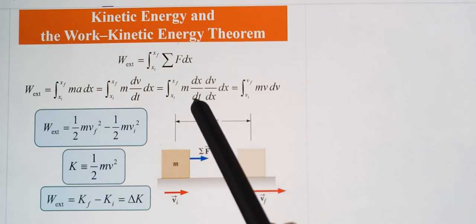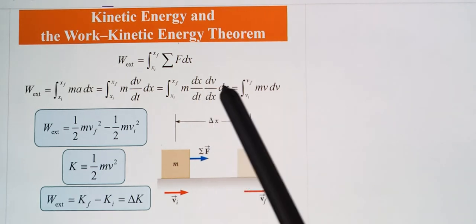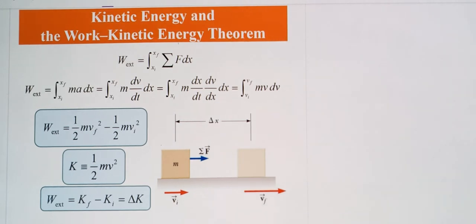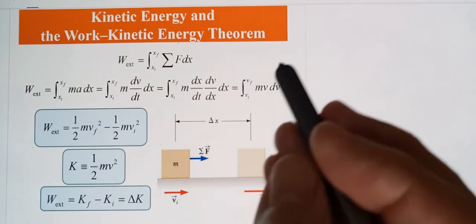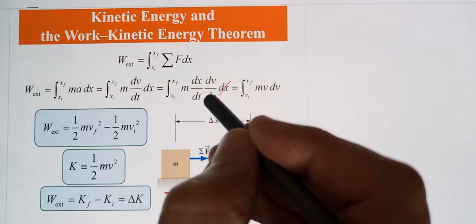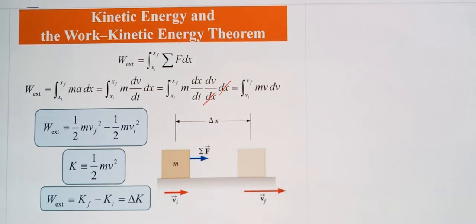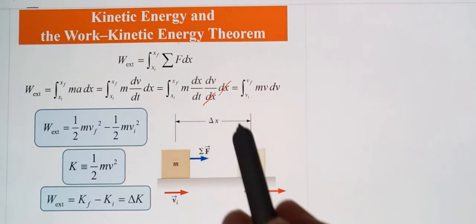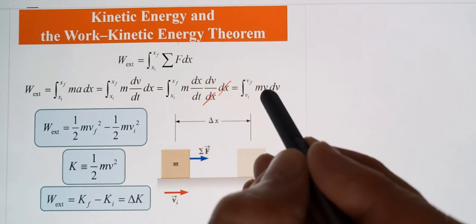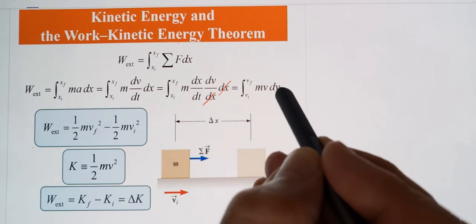So dx over dt, and we have dv over dx. Loosely, it's not a strictly mathematical thing to do, but loosely, we can just say this can cancel with this, and what is dx over dt, it's v, so we end up with mv dv.